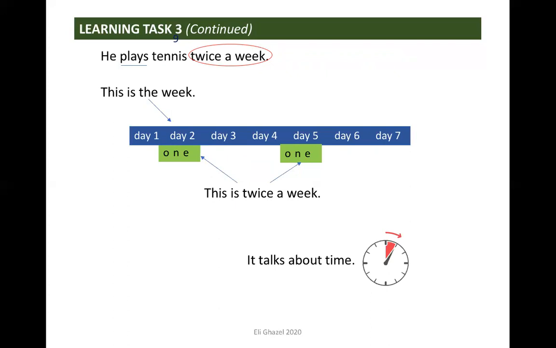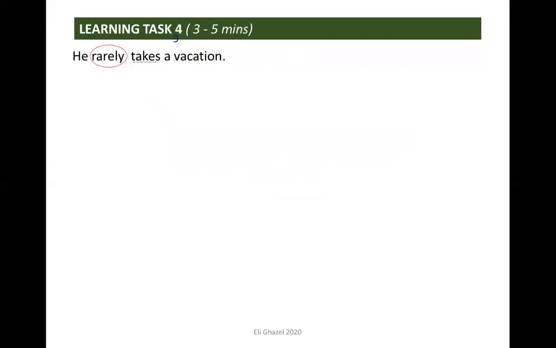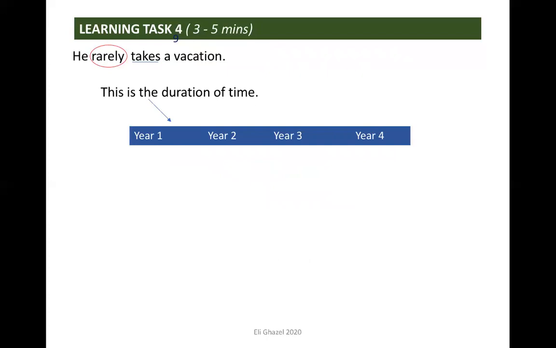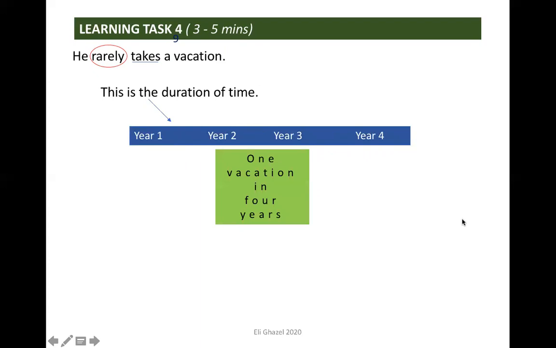Now, let's go to the next one. He rarely takes a vacation. Rarely is not a time. So let's have a look. Let's suppose this is the duration of time, year 1, year 2, year 3, year 4, and he took one vacation in 4 years, just one vacation in 4 years.